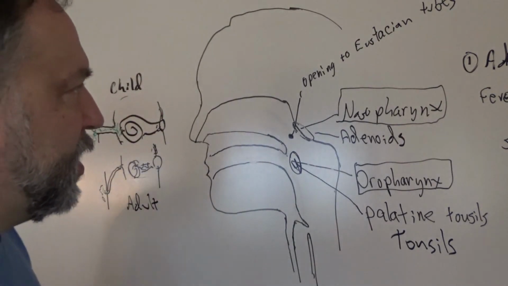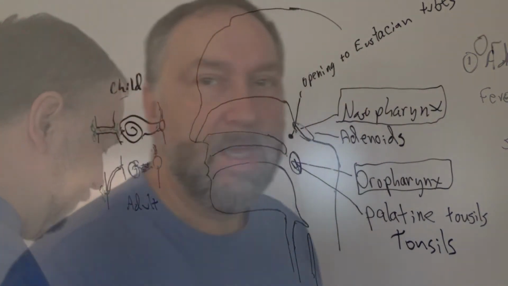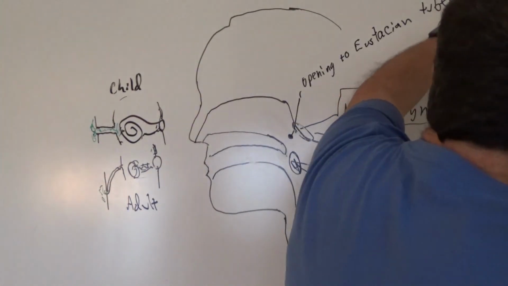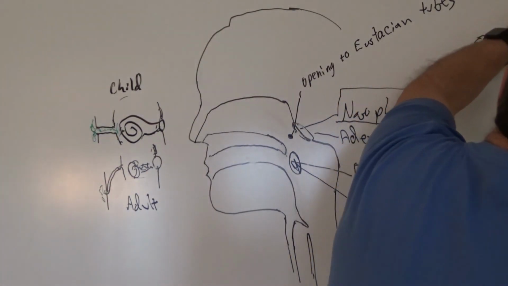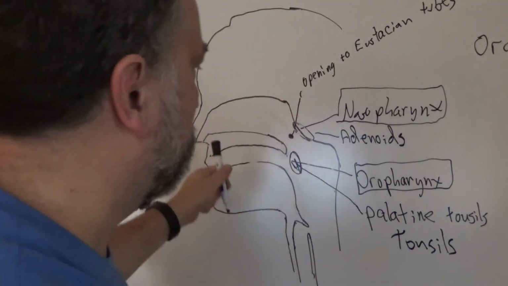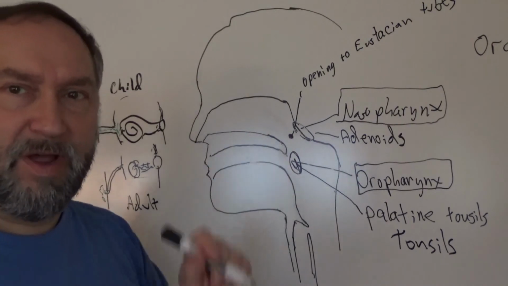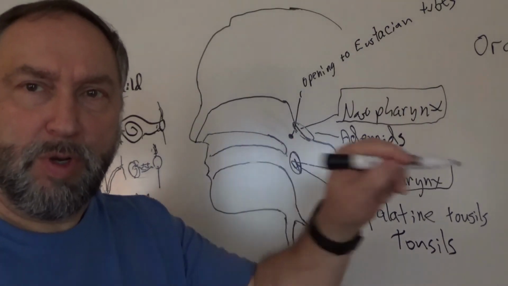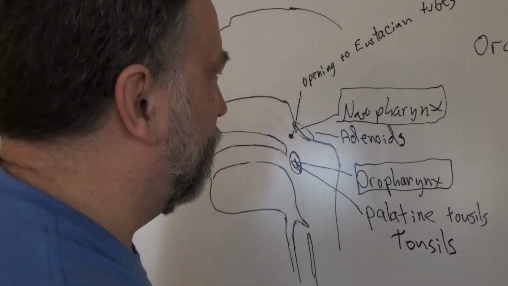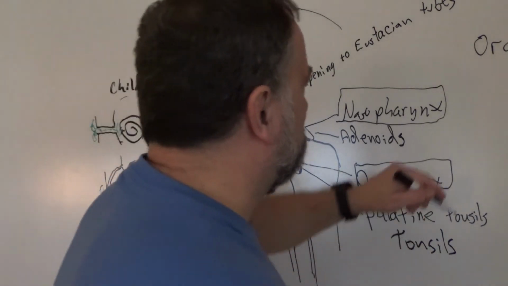Now let's talk about the next one here that can happen. So now what I want to talk about here is the oropharynx. O-R-O, P-H-A-R-Y-N-X. And like I said, this is the only part that's visible during your assessment when you're looking in the mouth. So let's say that you get tonsillitis.